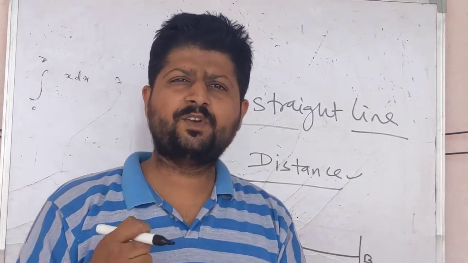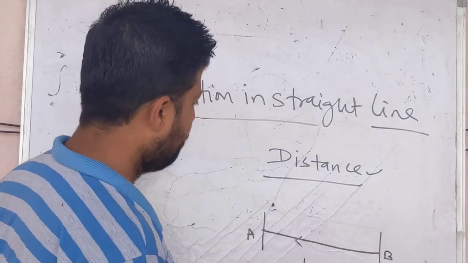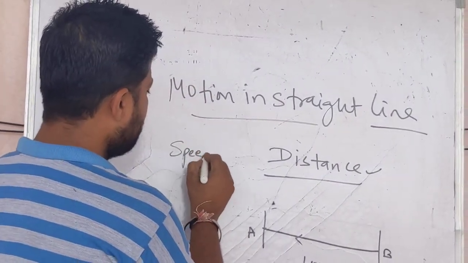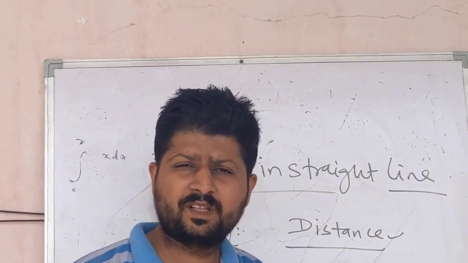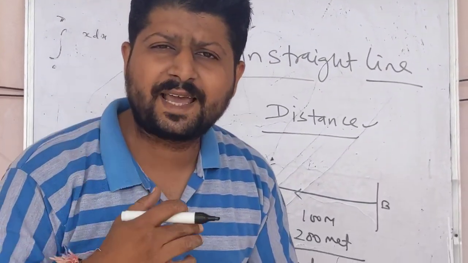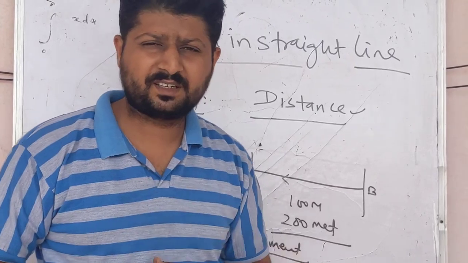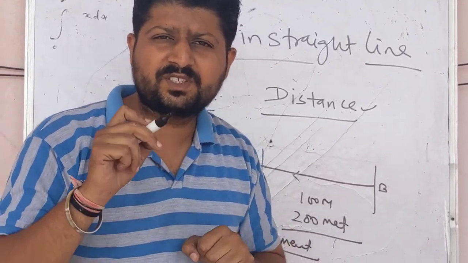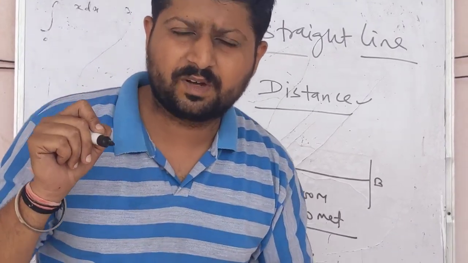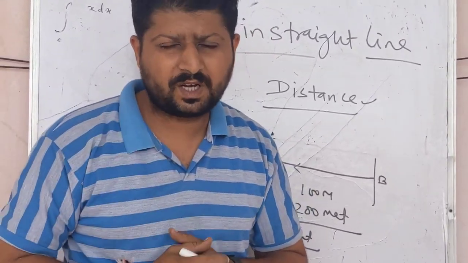So when we talk about speed, what is speed? We already learned that speed is the distance per unit time. An object is moving at some speed, given as 70 km per hour or 30 km per hour.